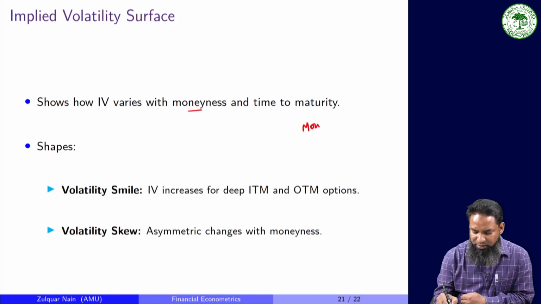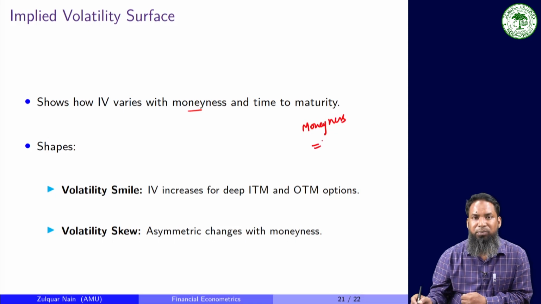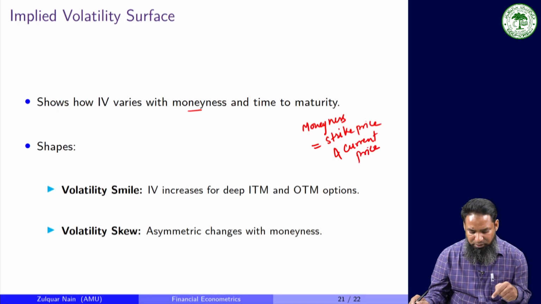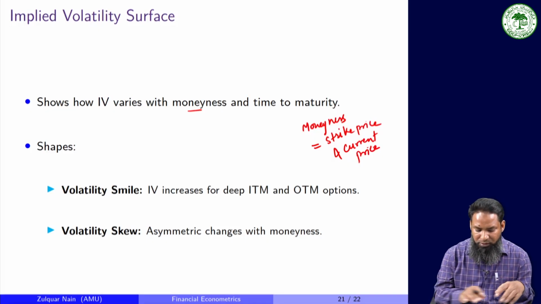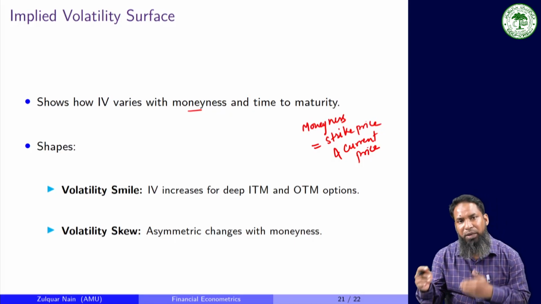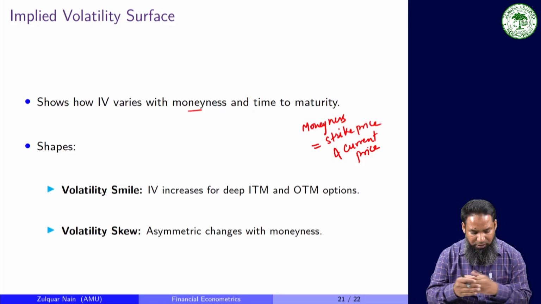Moneyness is basically the relationship between the strike price and the current price. In the money, then, so this shows the relationship between moneyness and time to maturity.